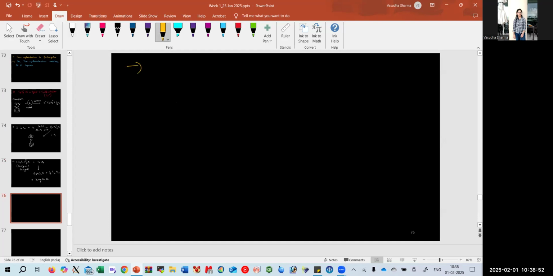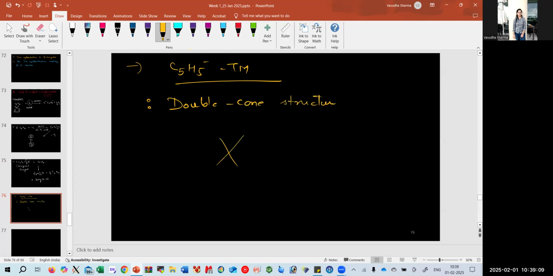Another topic that we have is these C5H5 transition metal complexes. They have a double cone structure, specifically if they are forming this way, right?